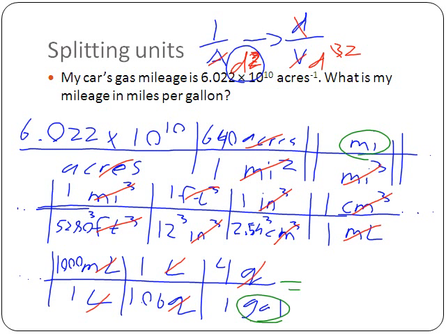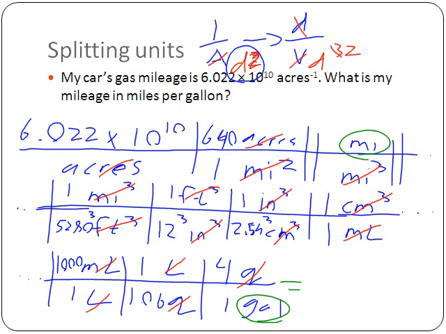We just need to once again work out our problem here. For the gas mileage, we have 4 sig figs, so 6.022, 4 sig figs, which our answer should have as well because we're just multiplying here. So let's work this out. 6.022 times 10 to the 10th on top times 640 times 1 times 1 times 1 times 1 times 1,000 times 1 times 4, divided by what's on the bottom: divided by 1, divided by 5,280 cubed, divided by 12 cubed, divided by 2.54 cubed, divided by 1, divided by 1, divided by 1.06.